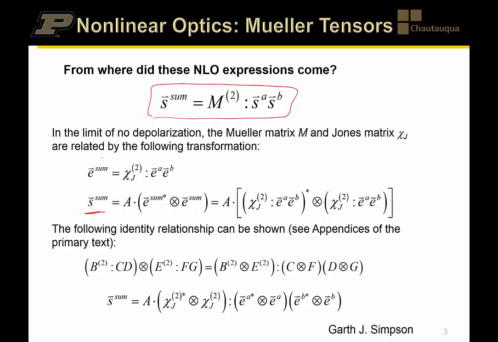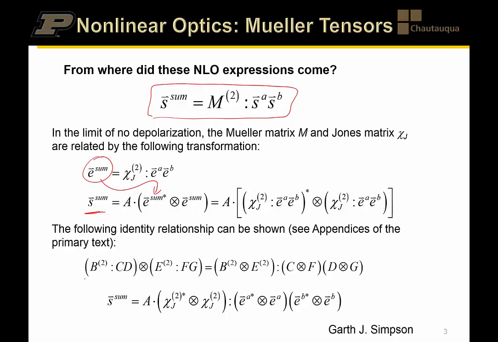We can then substitute for the electric fields, bearing in mind that they're related to this chi2 tensor element, and get this expression right here, which on the surface doesn't really help us very much. It looks kind of complicated, right? Because you have a tensor multiplied by 2 fields, and then Kroneckered with another tensor multiplied by 2 fields. You throw up your hands and think, I don't know how to keep track of all of that.